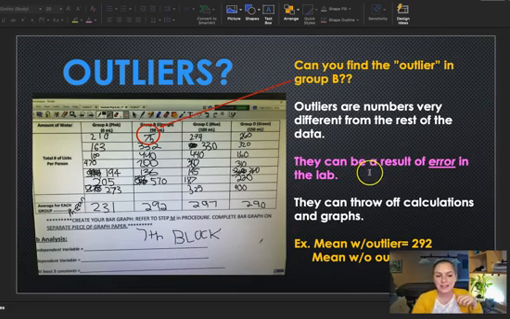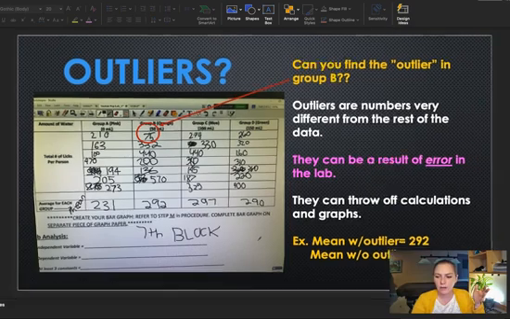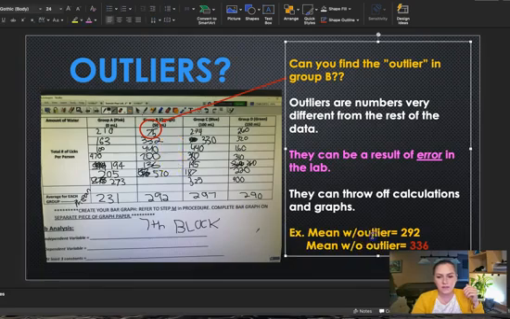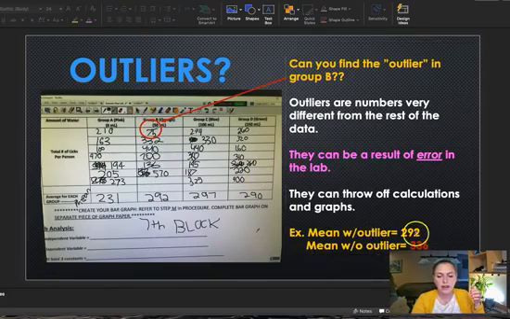Now, the reason I say that this is kind of bad is because it can very much throw off how your data is analyzed. So for example, when we did this experiment, if you calculate the mean for group B with the outlier, that's 75, you get an average of 292 licks. But if you calculate it without the outlier, you get an average of 336 licks.